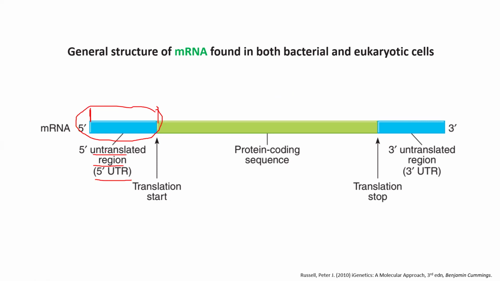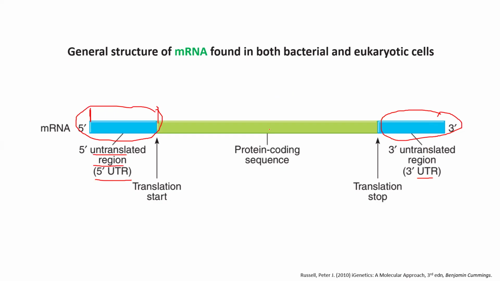UTR stands for nothing but untranslated region. This 5' untranslated region is also called a leader sequence. Also, there is an untranslated region at the 3' end called the 3' untranslated region, or 3' UTR, also called the trailer sequence.